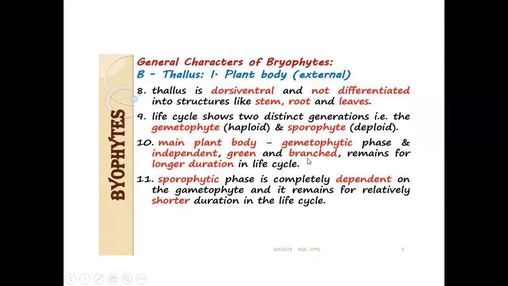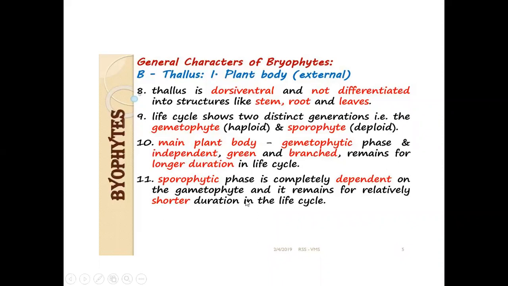So from this gametophyte main plant, as the life cycle proceeds, we come across another phase which is called the sporophyte. This sporophyte is completely dependent on the gametophyte, and it lasts only a shorter duration.